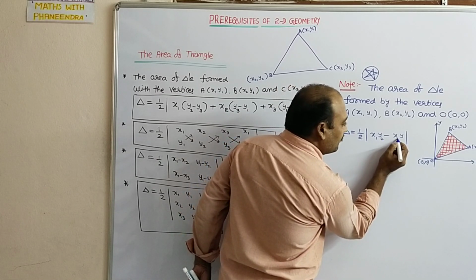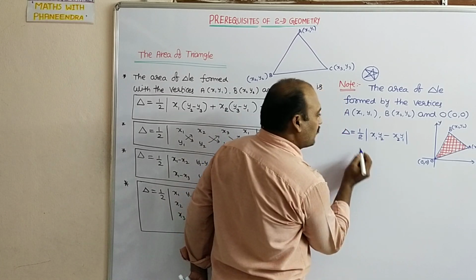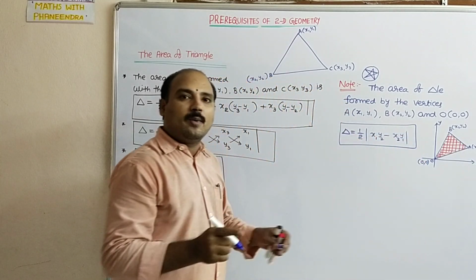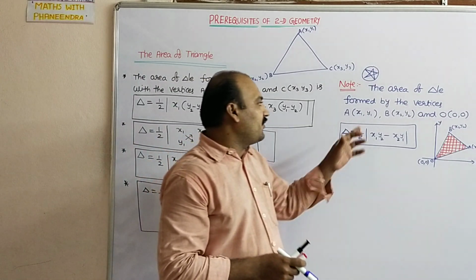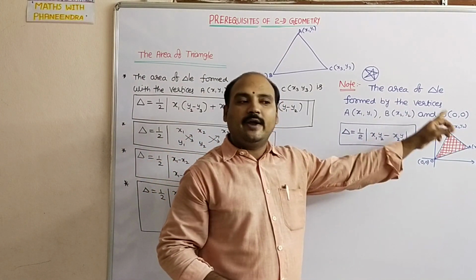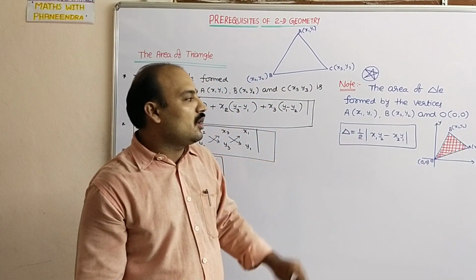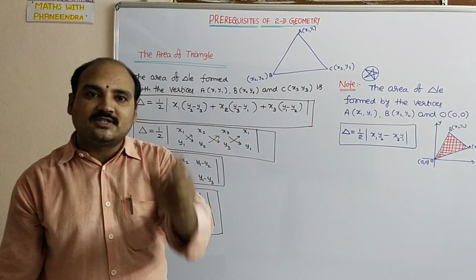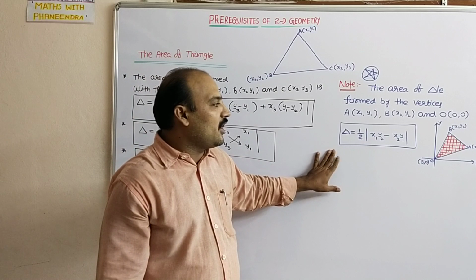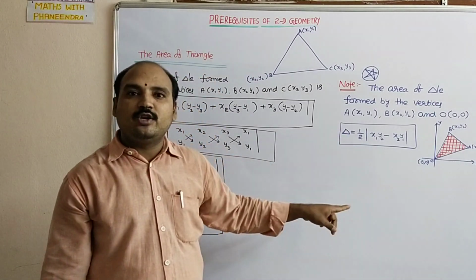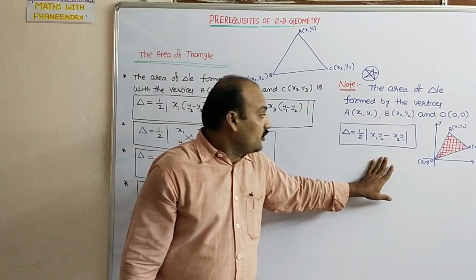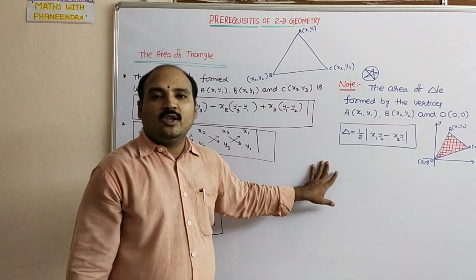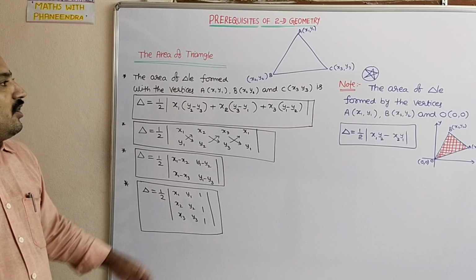In the second, first suffix 2, second suffix 1. So this is the area of triangle formed by the vertices A of (x1, y1), B of (x2, y2) and origin O of (0, 0). That means among the 3 vertices, if any one of the vertices is origin, then the area of triangle is half into (x1 y2 minus x2 y1) square units. This is the way we can calculate the area of triangles.